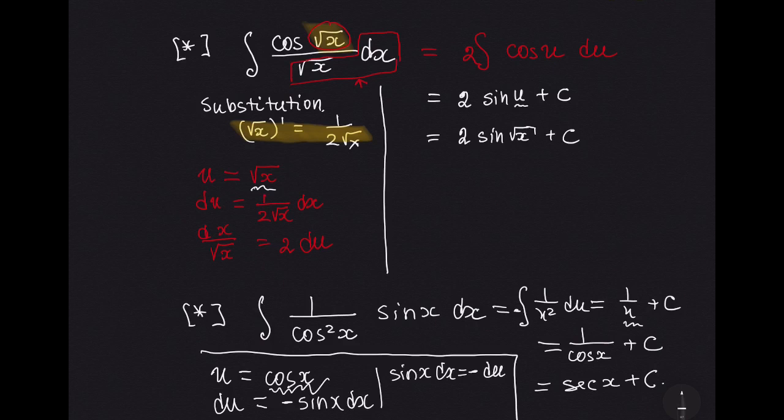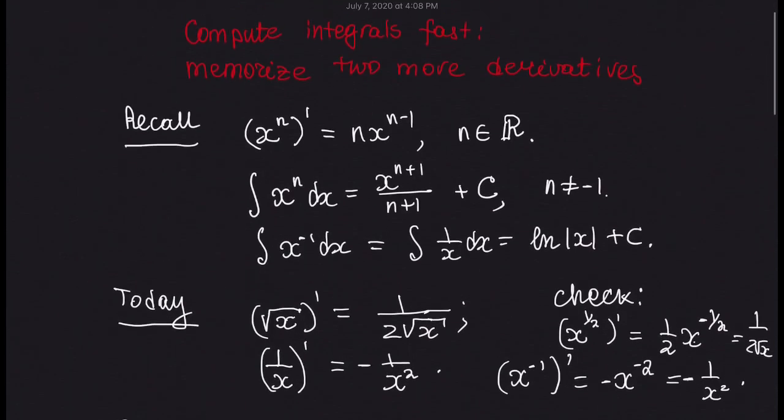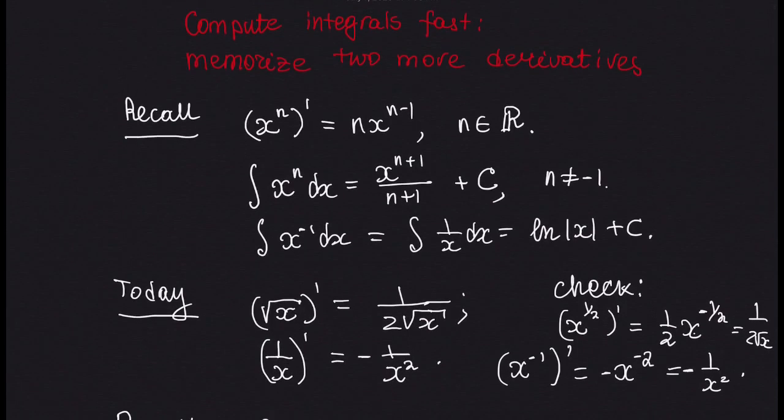I hope that this video convinced you that it is worthwhile memorizing two more formulas. These two formulas. It's worthwhile remembering what is the derivative of square root of x and what is the derivative of 1 over x. It helps to compute integrals faster.